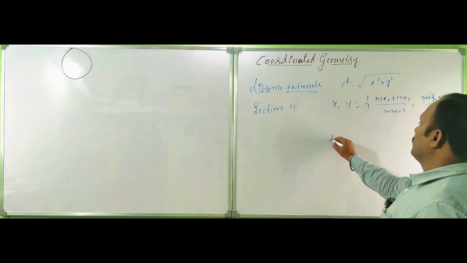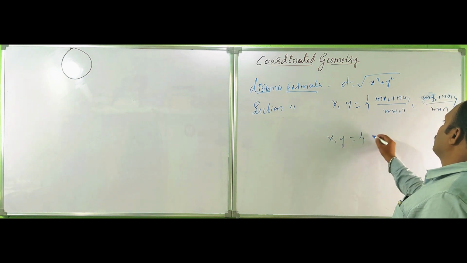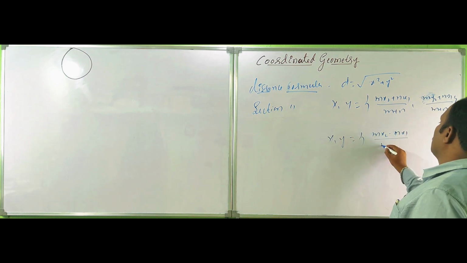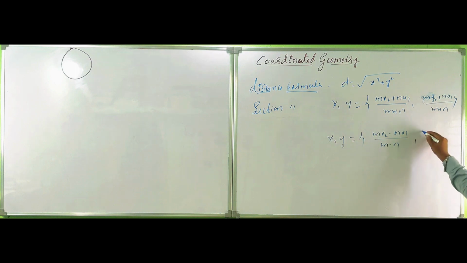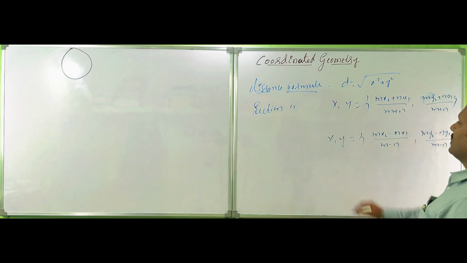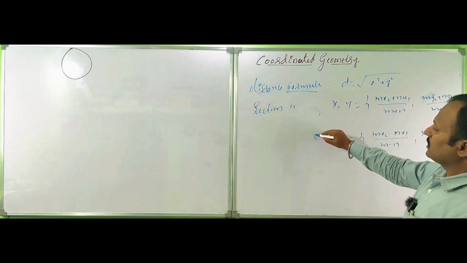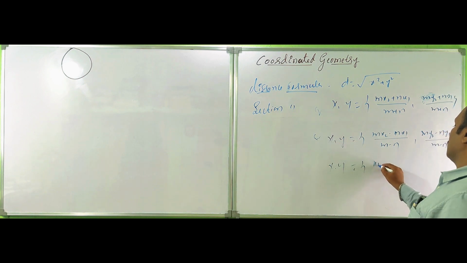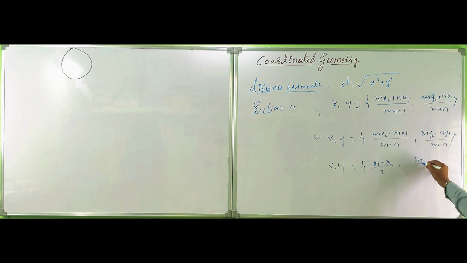Externally, x equals (m x2 minus n x1) divided by (m minus n), and similarly y equals (m y2 minus n y1) divided by (m minus n). The midpoint formula is (x1 plus x2) divided by 2 and (y1 plus y2) divided by 2.